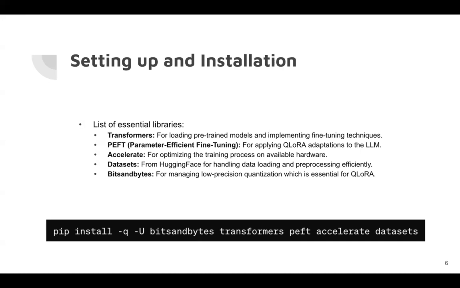We used transformers for loading and operating pre-trained models, PEFT for applying the QLoRA adaptations, Accelerate to optimize the training process across available hardware, and datasets from Hugging Face for efficient data handling. Each of these libraries has played a critical role in ensuring that our model training and evaluation process run smoothly and efficiently. So here we can see one such pip command for the installation of the libraries required.